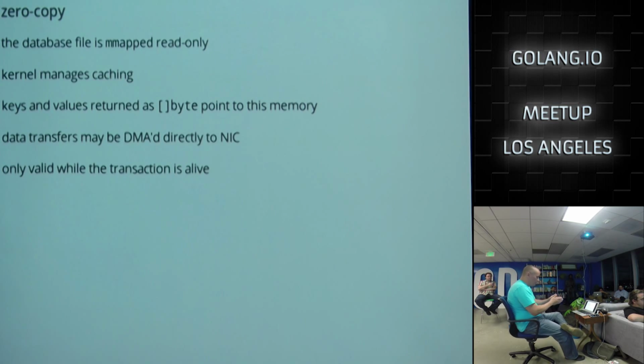Which also means that if you have a larger value, something that's, say, bigger than 4 kilobytes, and you were to send that out to the network, it might not even have to go to the CPU's memory, ever. It might go directly from the RAM chips to the network card. So there's all kinds of funny things there.